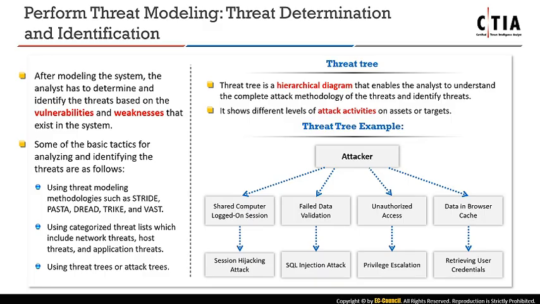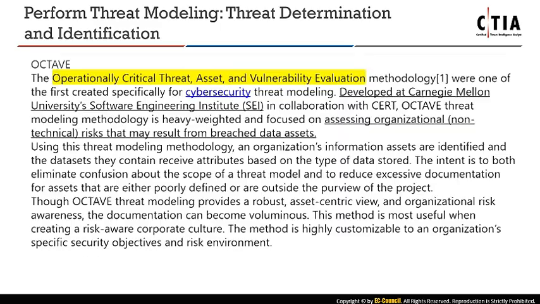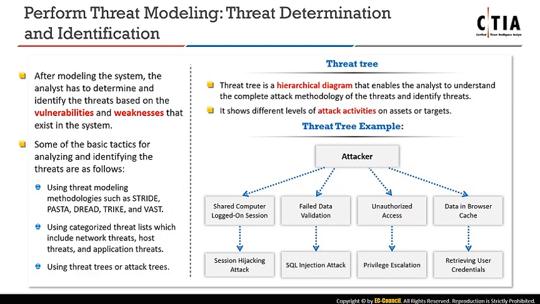And TRIKE, which we see in this list here, is a threat model that is open source. It's a process from a cyber risk management perspective. It is a requirements model that tries to make sure that the level of risk for each asset you're looking at is acceptable to stakeholders. So, depending on the stakeholder.